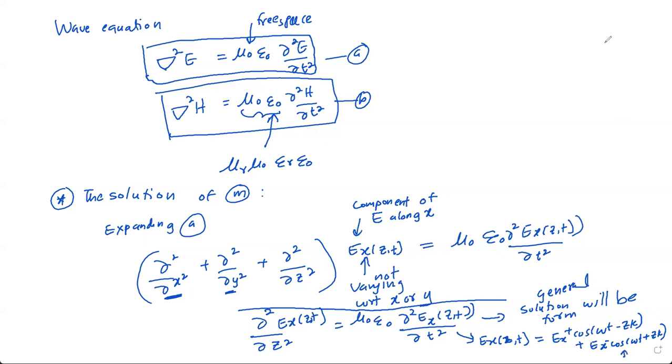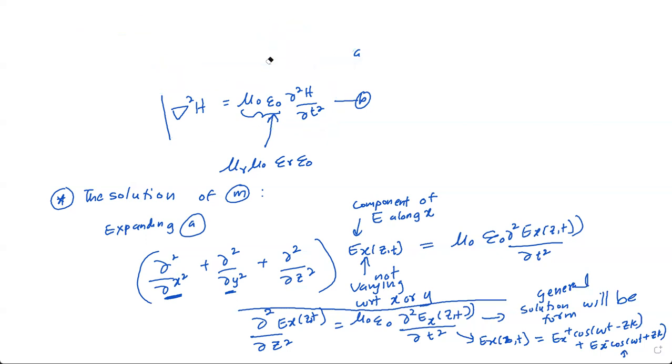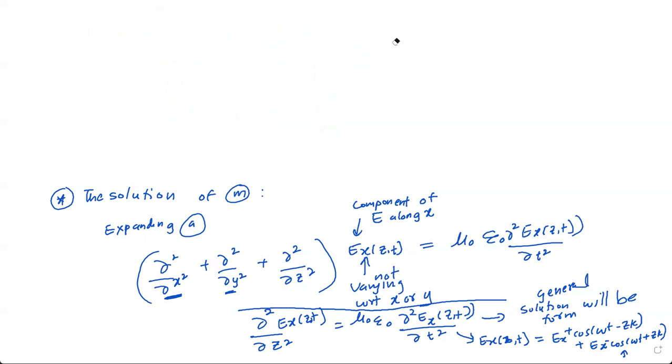I will write it in a separate place. There are two components to that solution. One component denotes the forward wave, and the other shows the backward wave.